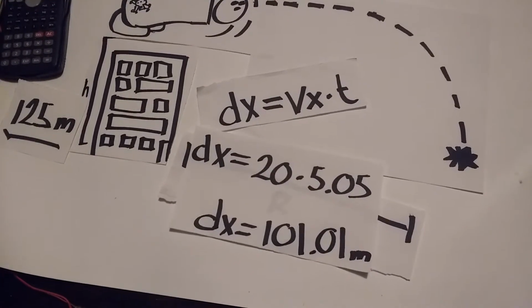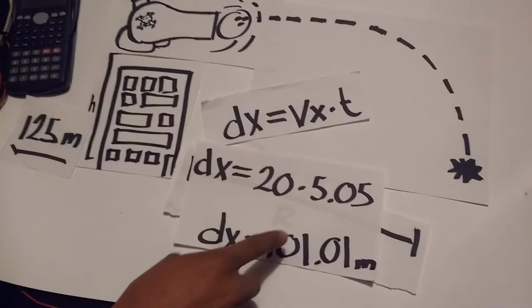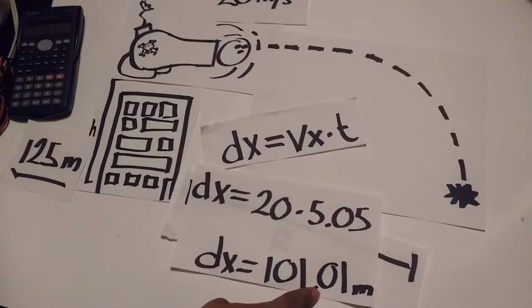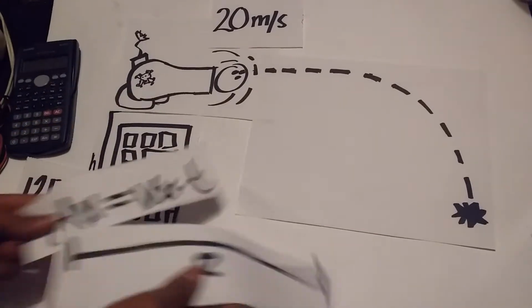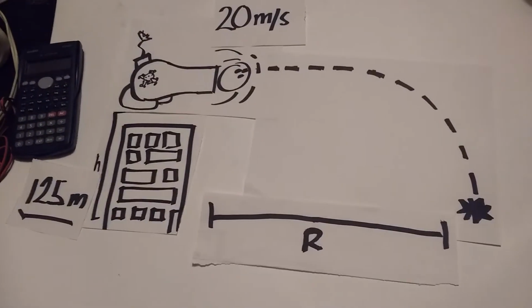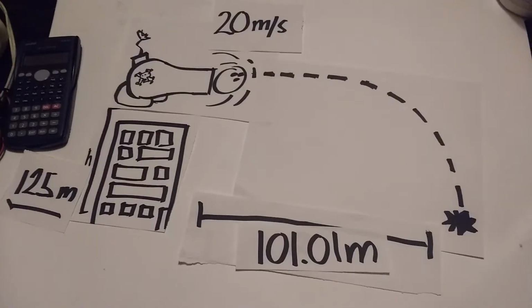We multiply, and the answer is 101.01 meters. So the distance is 101.01 meters.